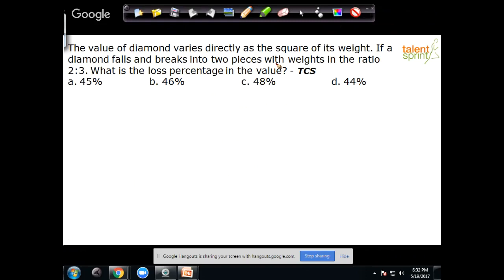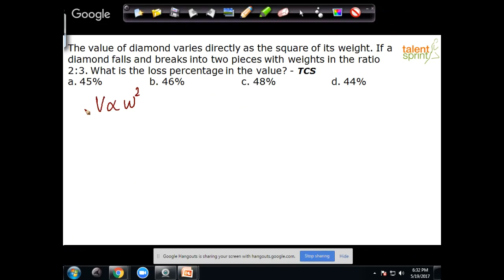So what is given in the question? It is given that the value of the diamond is proportional to the square of its weight. Basically, if the weight increases, the value will also increase, right? So what was the actual weight of the diamond?